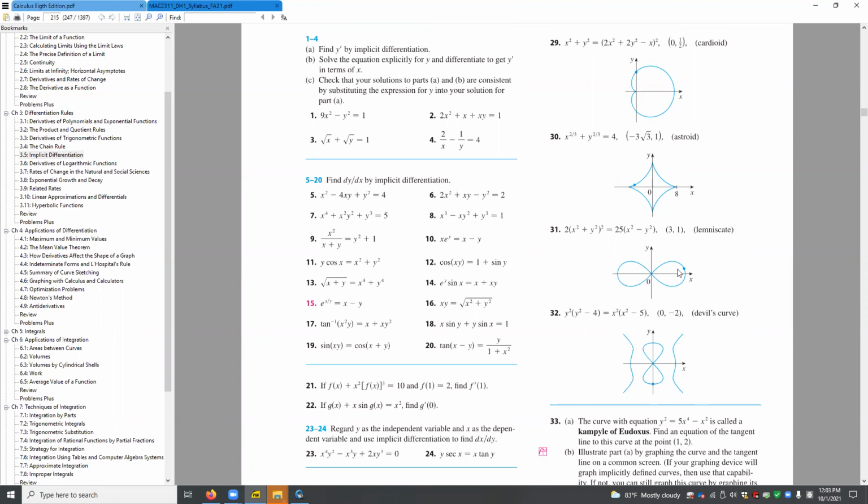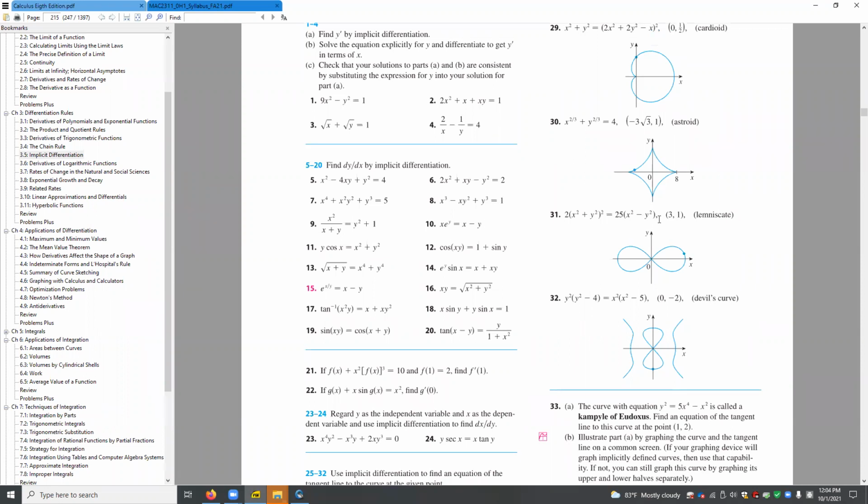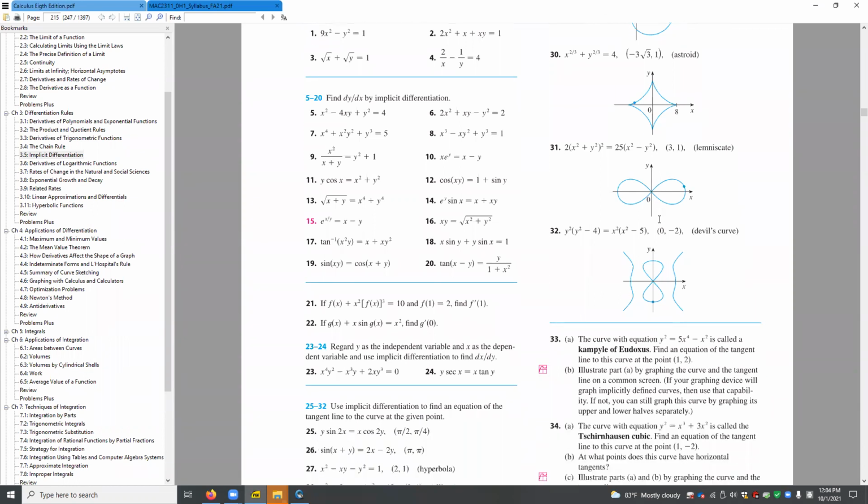So if I were to just look at this little portion of this lemniscate in problem 31, just this little portion where that point is, we could say that just this little piece passes the vertical line test. And that's what the implicit function theorem is saying. I would love to go into detail about the implicit function theorem, but I think it might be asking a bit too much.